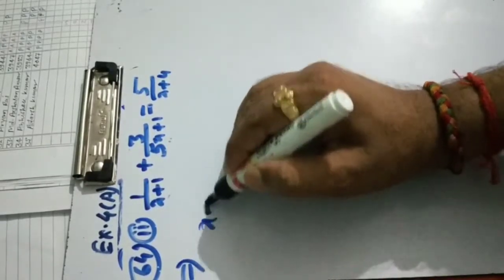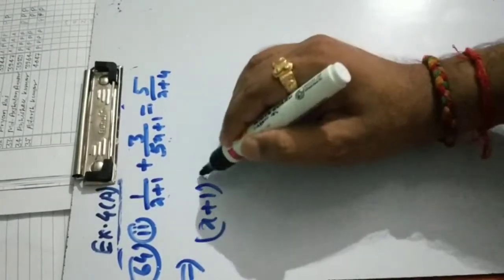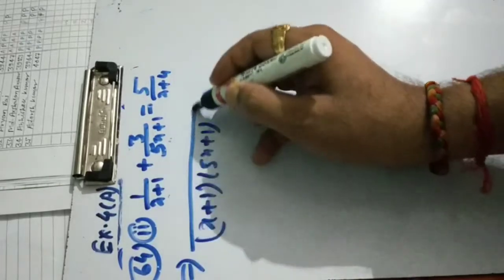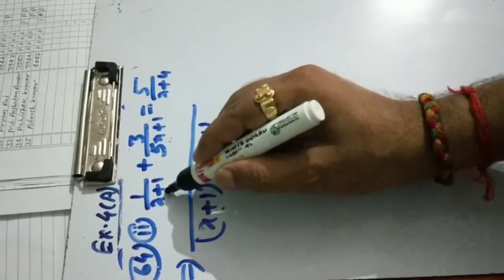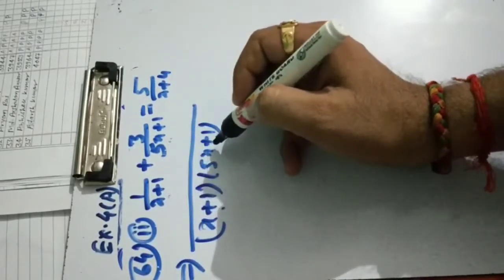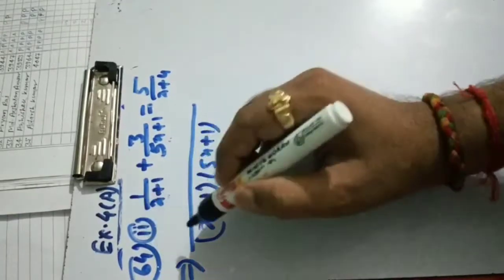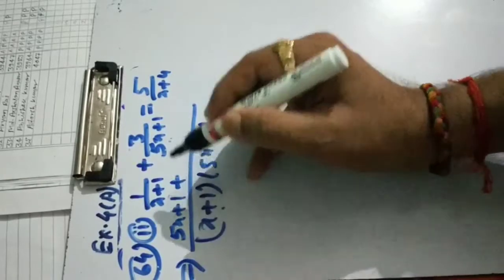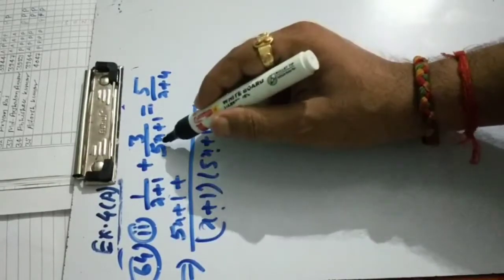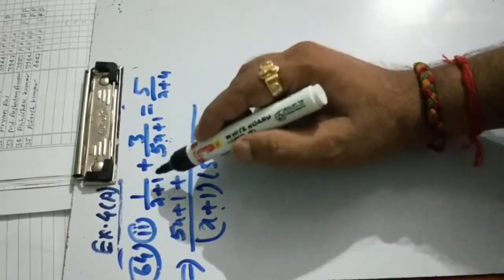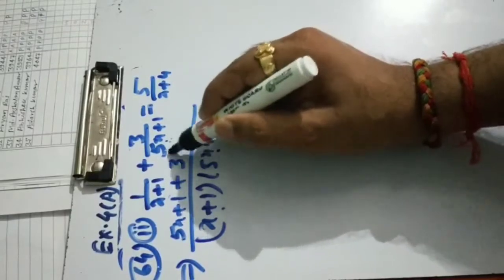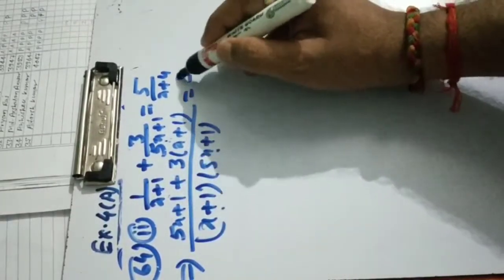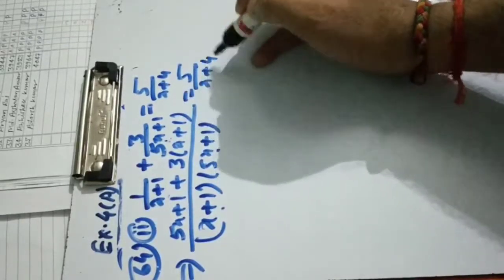The LCM will be the product of these two, x plus 1 into 5x plus 1. Then x plus 1 will cancel with x plus 1, 5x plus 1 will be left, 5x plus 1 multiplied by 1 will be 5x plus 1 itself, plus 5x plus 1 will be cancelled with 5x plus 1, and then 3 multiplied by x plus 1 is equal to 5 upon x plus 4.